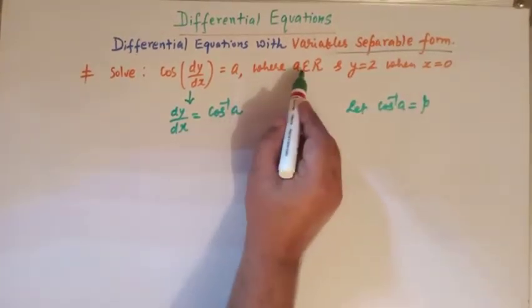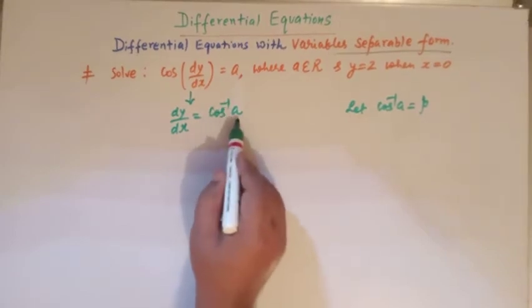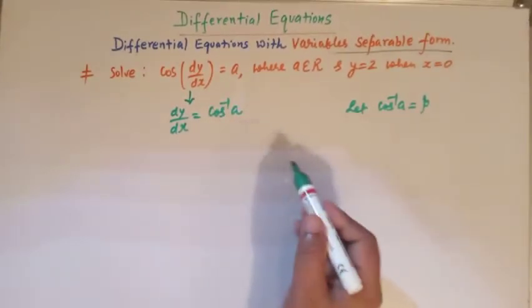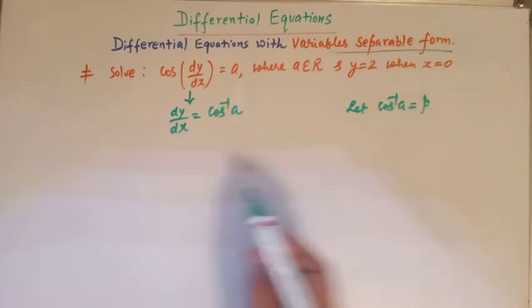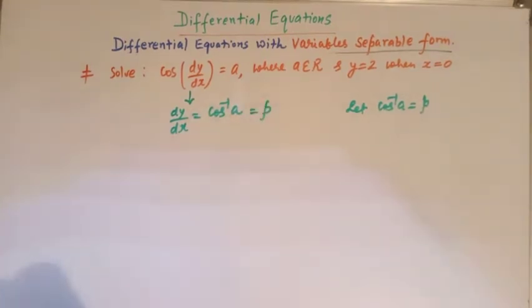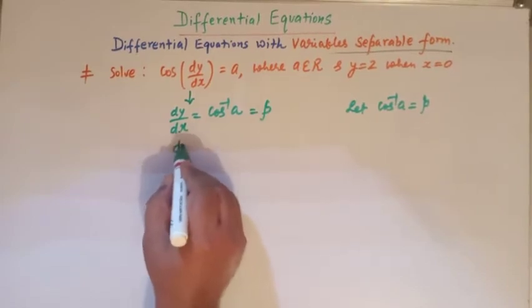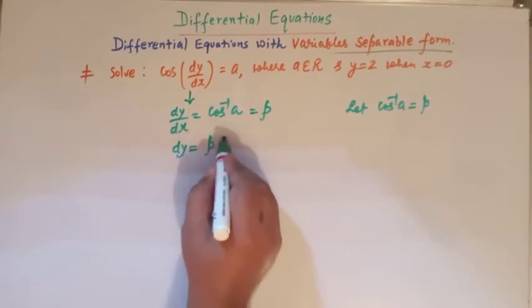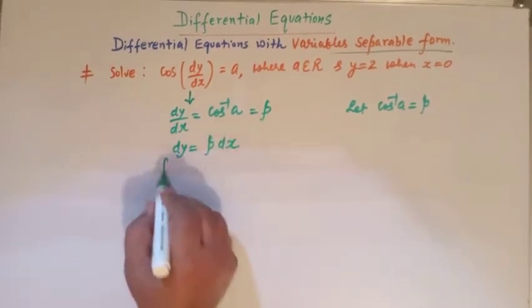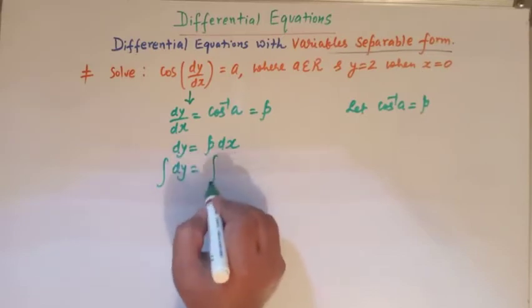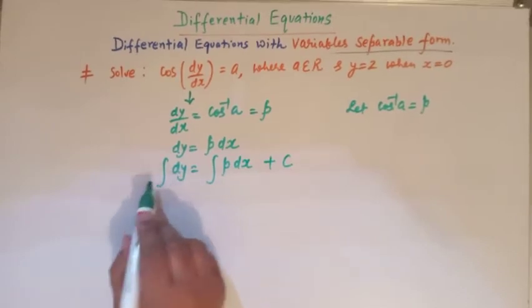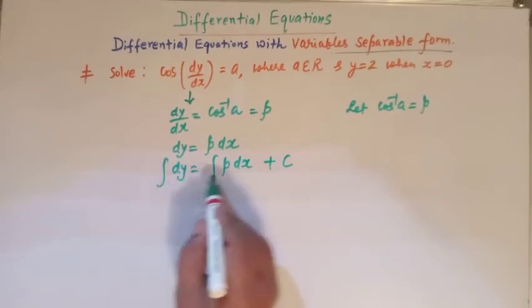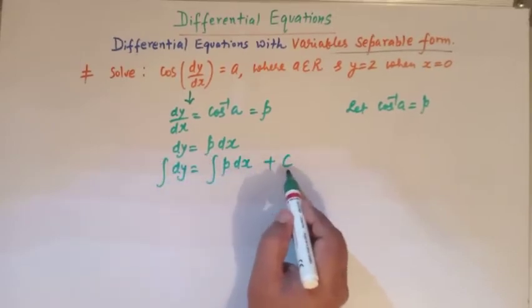A is the real number and cos inverse of a is a constant, and let us assume cos inverse of a is equal to p. Now this equation can be written as dy is equal to p dx, and if we integrate both sides, we have the integral of dy equals the integral of p dx plus c.